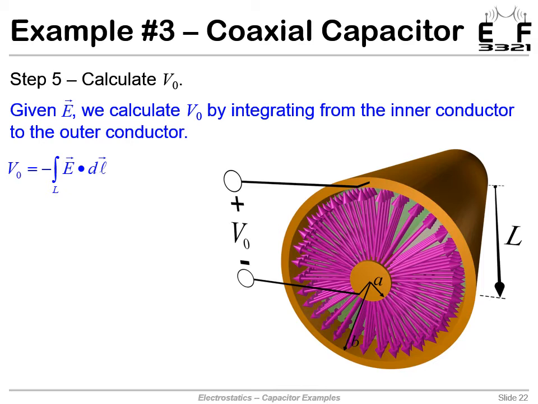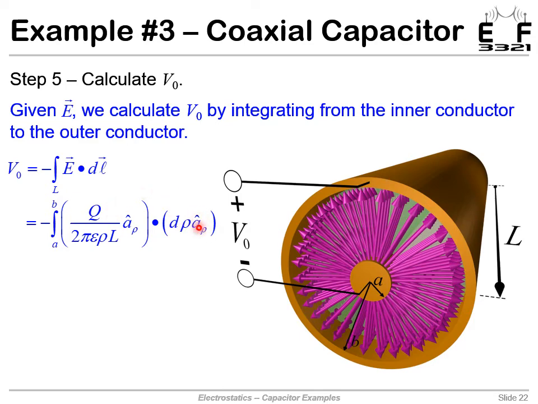Now we want to know the voltage between the plates, and we determine this with our line integral of E dot dl. So we'll integrate from the center conductor to the outer conductor. So we'll plug in our expression for E. And our differential length when we're integrating from the inner conductor to the outer conductor is just in the rho direction. So we have a rho dot a rho.